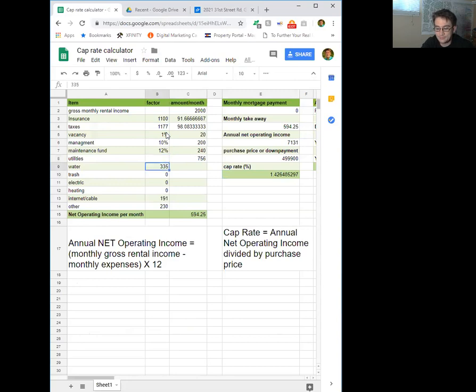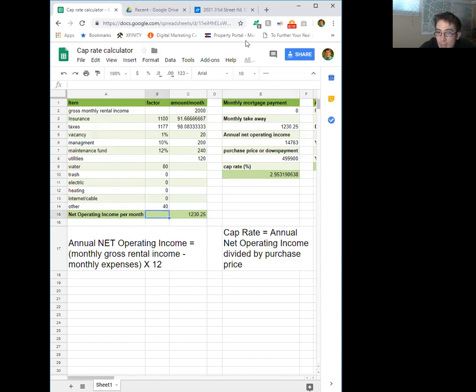We'll average water out to like $80 a month for a 3-bedroom house. Let's say you don't pay that for your tenants in that house, and say you do a lawn service for, I don't know, $40 a month.